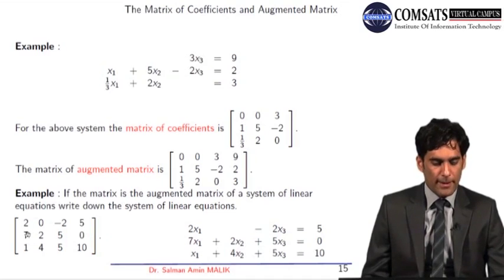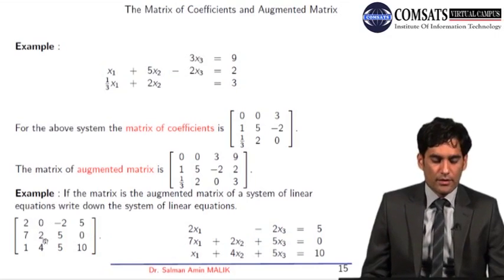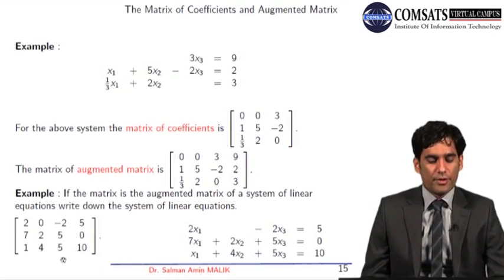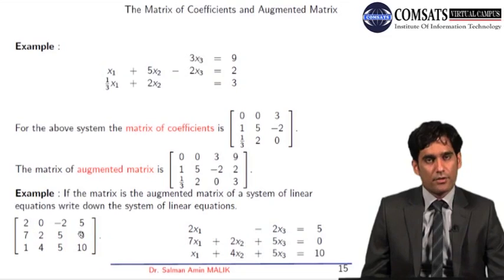The second column represents the coefficients of variable x2, and the third column is the coefficients of variable x3. In the augmented matrix, the last column is always the right hand side of our system of linear equations.